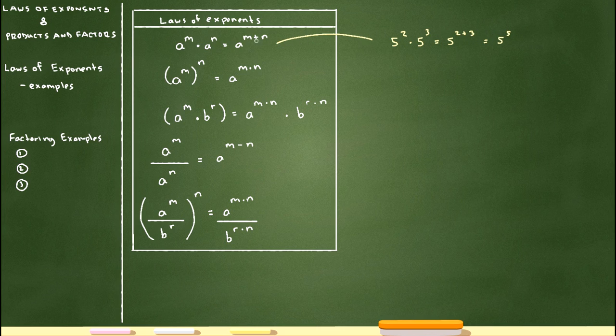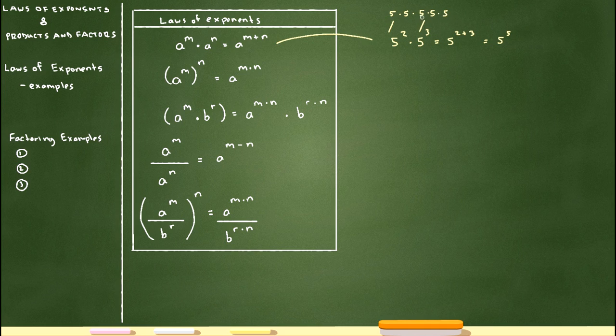And if you want to see why this is true, it's easy to discover these laws on your own as well. You just need to think about what exponentiation means. Like in this case, 5 squared means 5 times 5, and 5 cubed means 5 times 5 times 5.